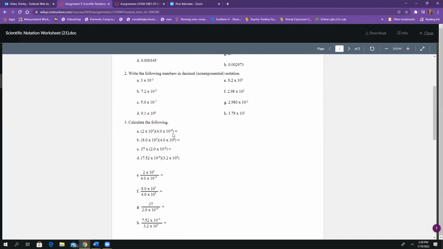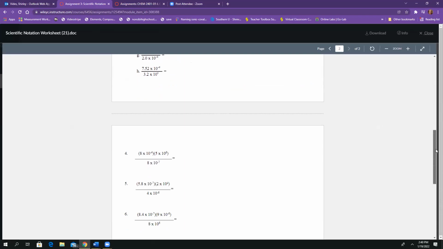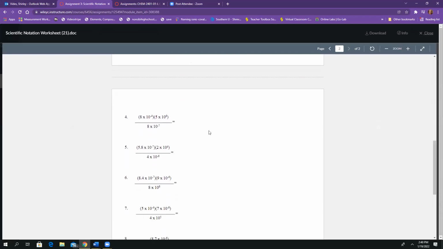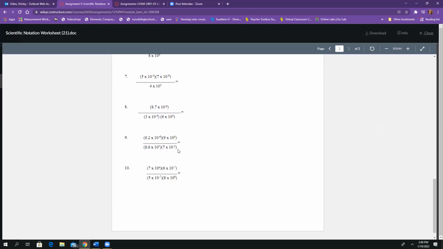See how it's got the same thing we've been doing, multiplications and divisions, and this is writing it in exponential notation and in decimal form. And then you've got some mixed bags. See here you have a multiplication first and a division. Same all the way down. And then the bottom one is double multiplication first and then division.